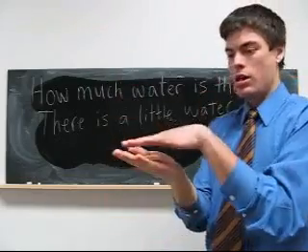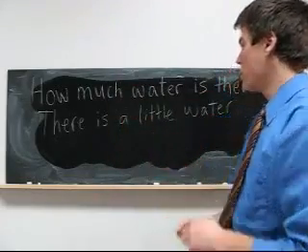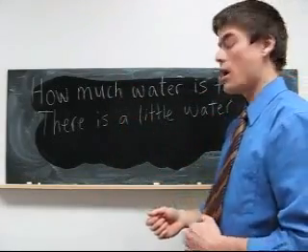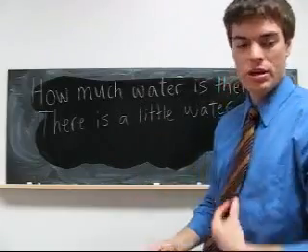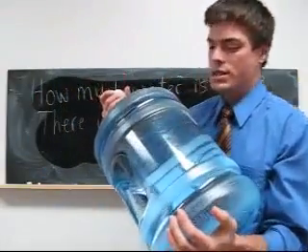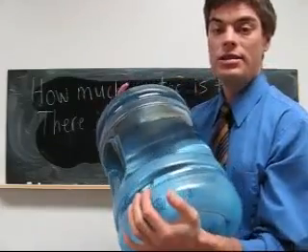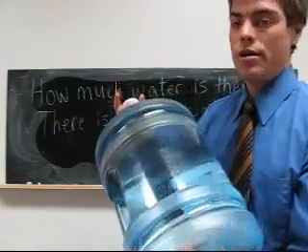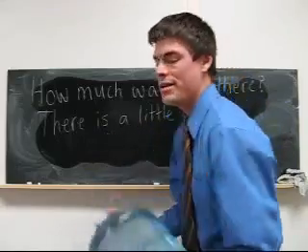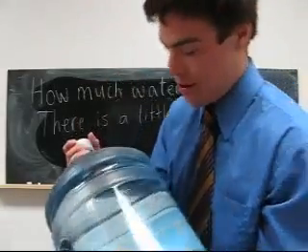Little means small. Whereas a lot means big. If I say how much water is there, you say this or there is a lot of water. How much water is there? There's a lot of water.